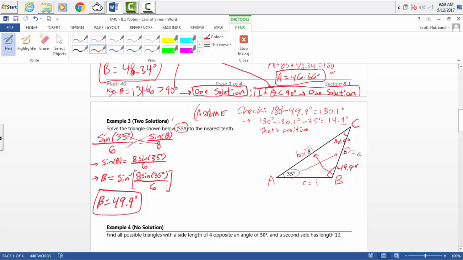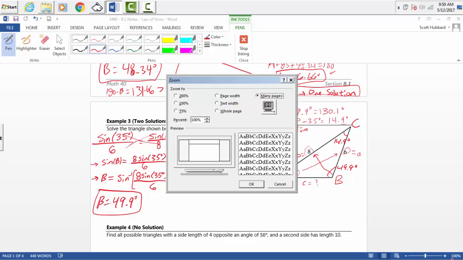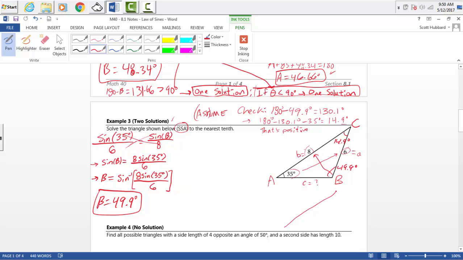The problem is that I could also have another triangle like that, where this is 35 degrees, this is still 49.9 degrees, and the other angle is 180 take away 35, take away 49.9, which is equal to 95.1.